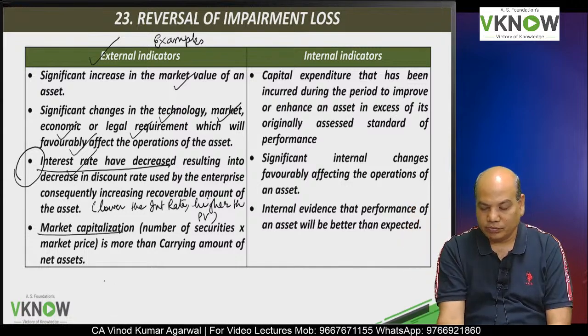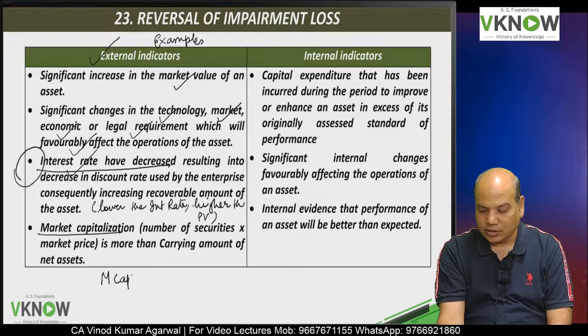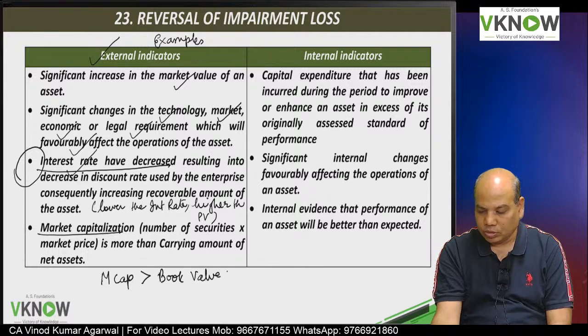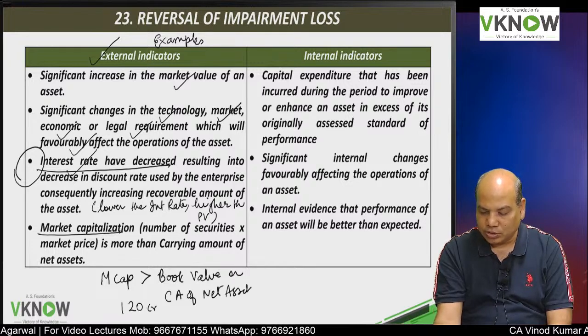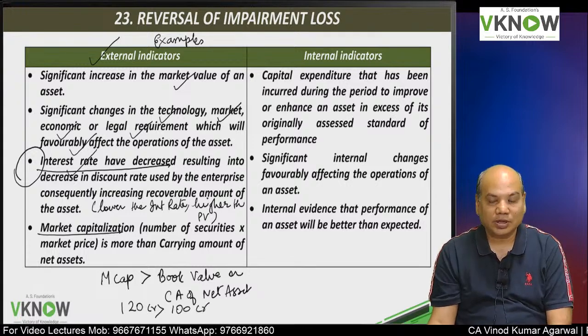And next is when market capitalization is more than the book value or carrying amount of net assets. For example, market capitalization is 120 crore and the carrying amount of the net asset is 100 crore.